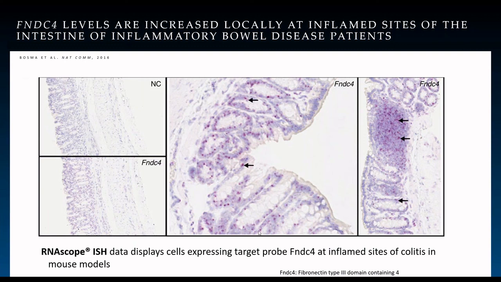Now, FNDC4 plays a role in reducing the activation of macrophages and therefore has a more anti-inflammatory response for infiltrating macrophages, thereby controlling the inflammation in the IBD patients. So using the RNAscope technology, they were able to show that compared to a control sample, an animal model with an IBD phenotype shows increased expression of this particular target gene.